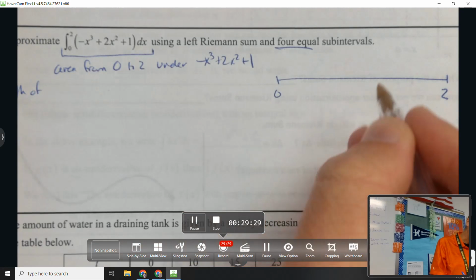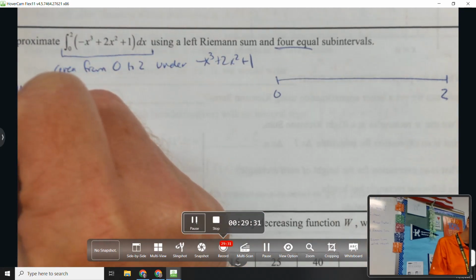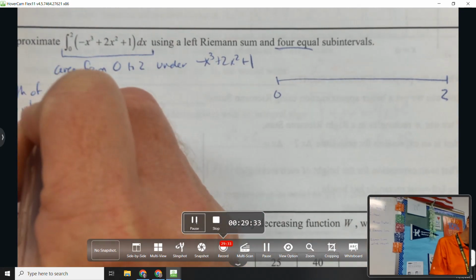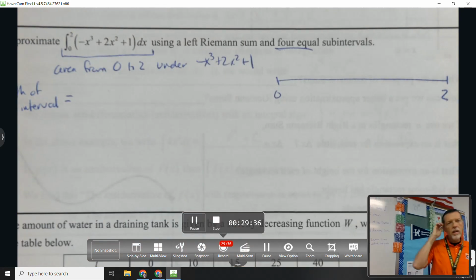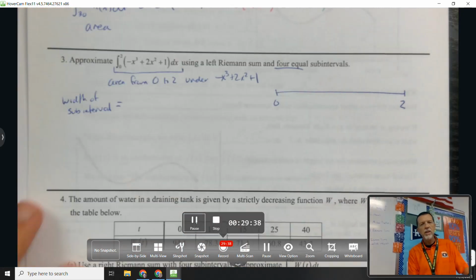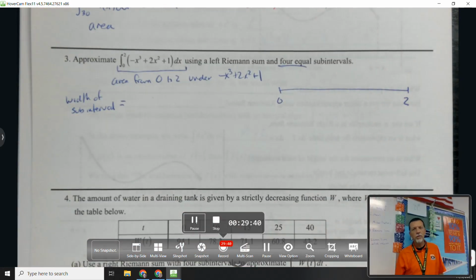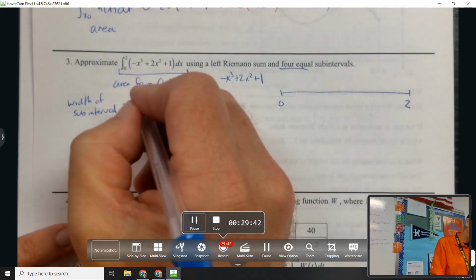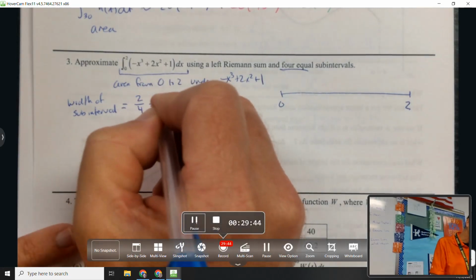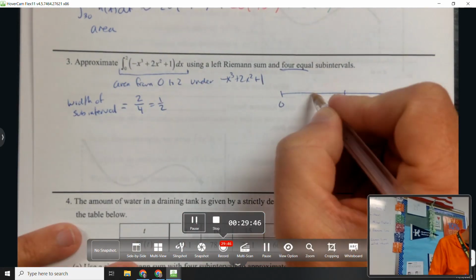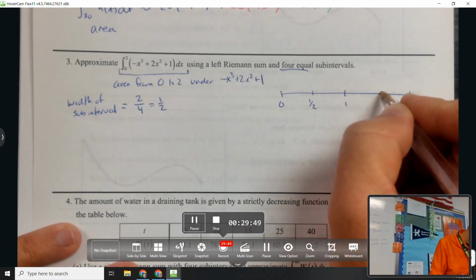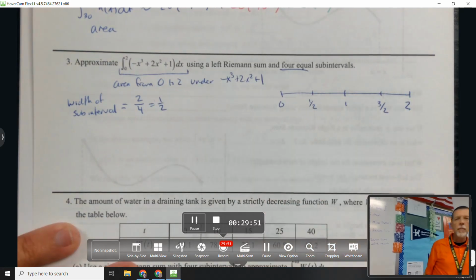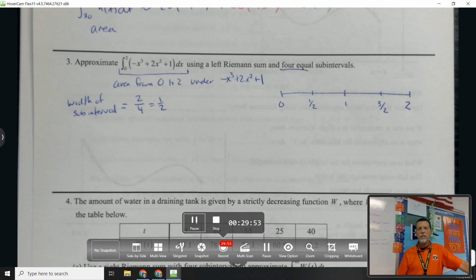You just got to look and figure things out. Well, the total width is 2, and I want 4 of them. So yeah, they should be half. So there's my subintervals, each a half wide.